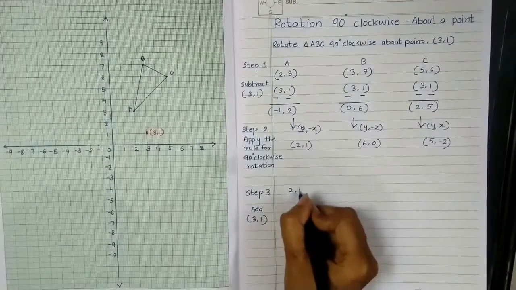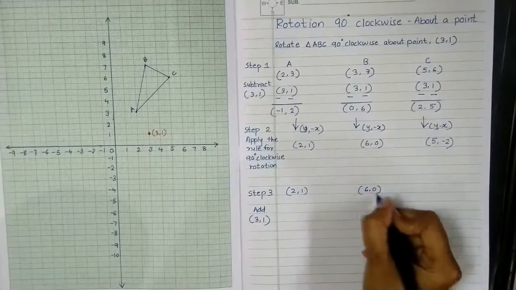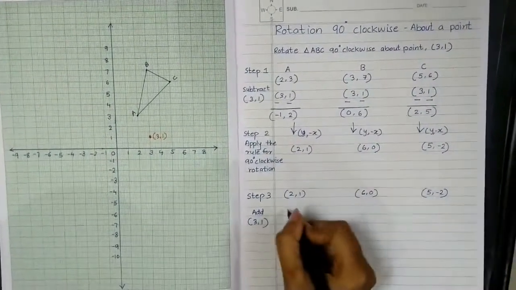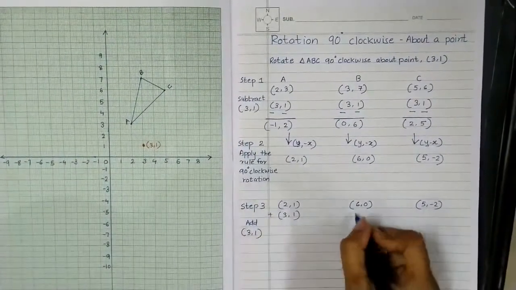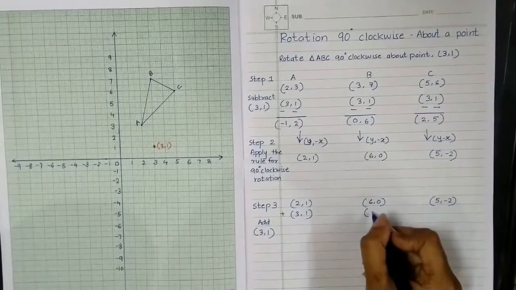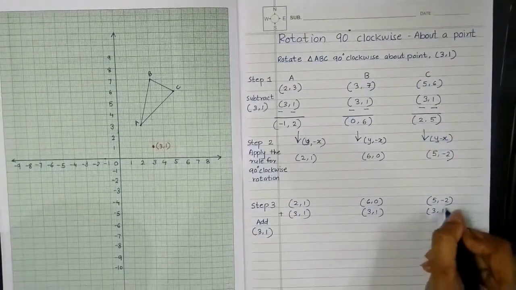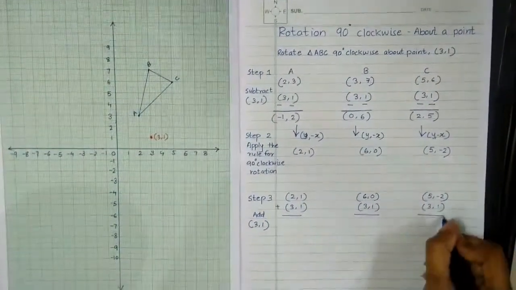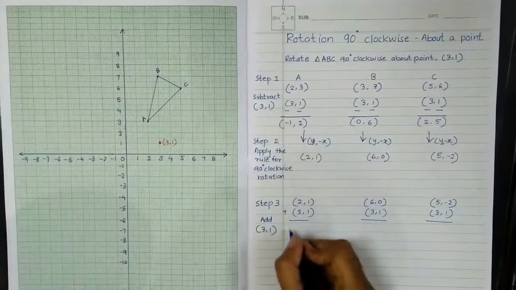So here I obtained (2, 1), (6, 0), (5, minus 2), to which the point (3, 1) will get added. After I add the points, I add x coordinate to x, y coordinate to y.